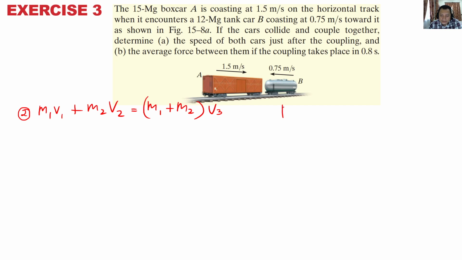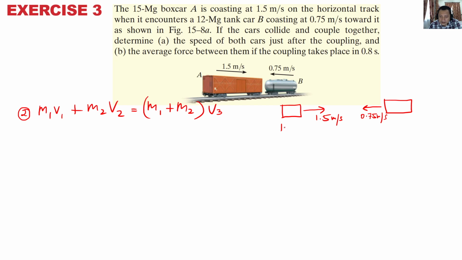Let's draw this one to the right, this one to the left. So this is 1.5 meter per second, this is 0.75 meter per second.